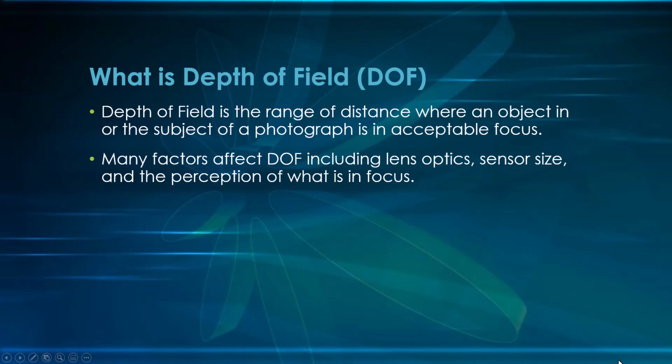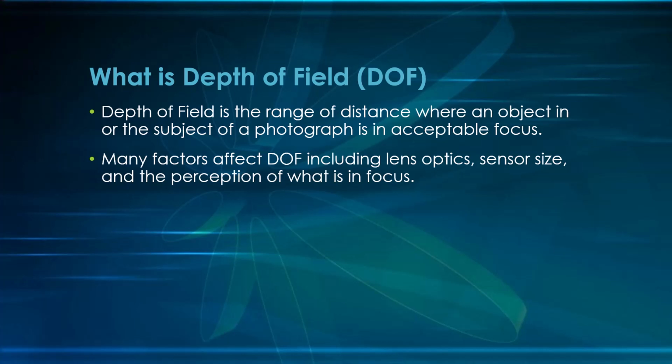What is depth of field? Depth of field is the range of distance where an object or the subject of a photograph is in acceptable focus. The key here is acceptable focus, and we'll go into this more later because there are different objective and subjective definitions of what acceptable focus is.